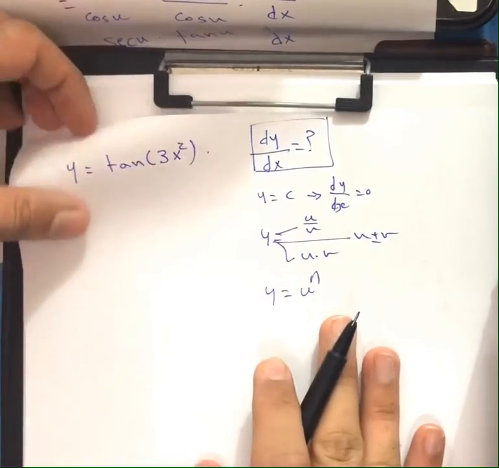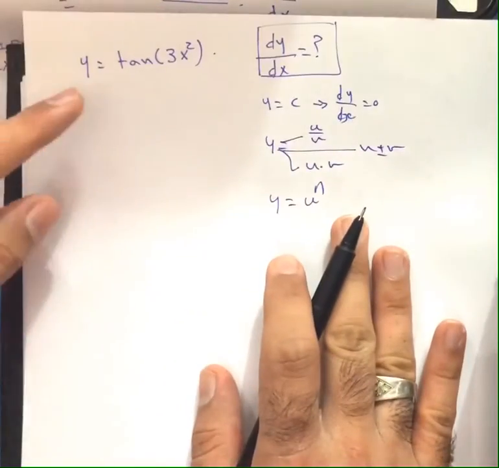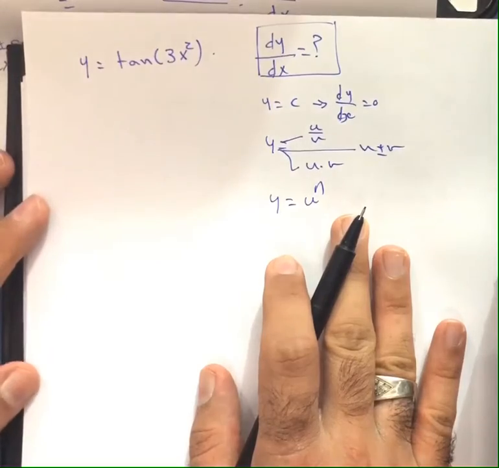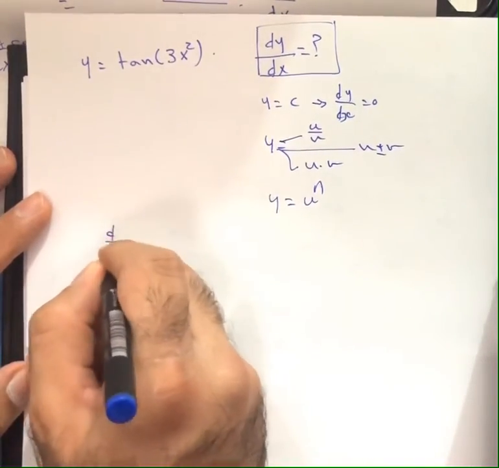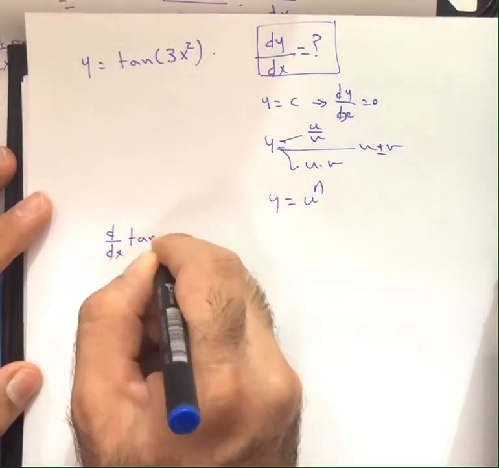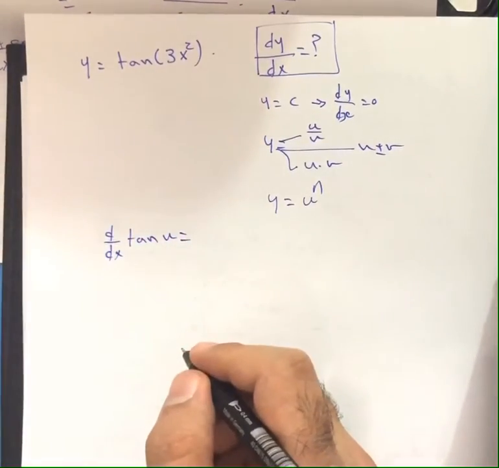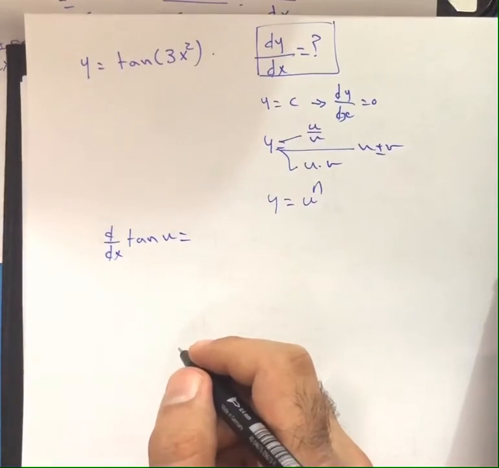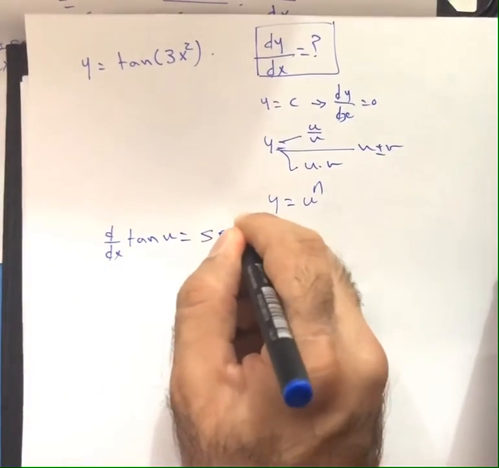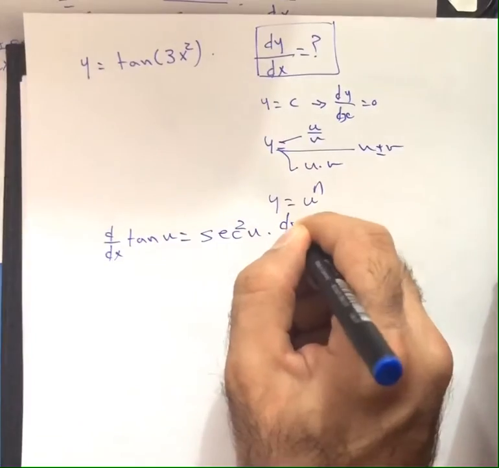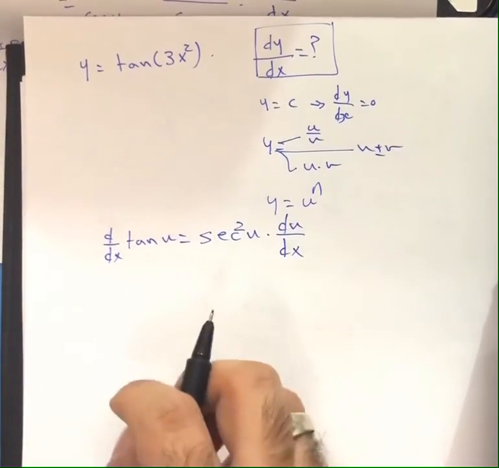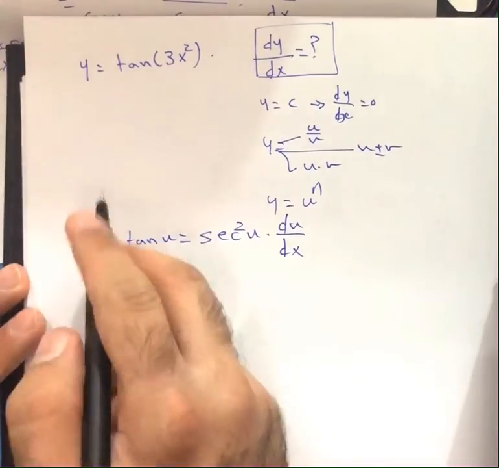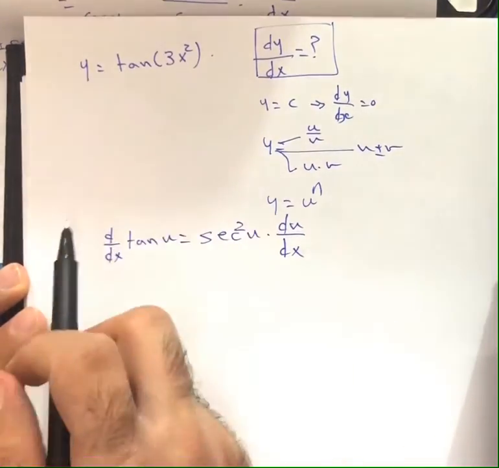Now let us find dy by dx for tan 3x squared. We know that d by dx for tan u, as I mentioned before just a few minutes, is equal to sec square u du by dx. In this way, it is possible to find the derivative for tan 3x squared like this.